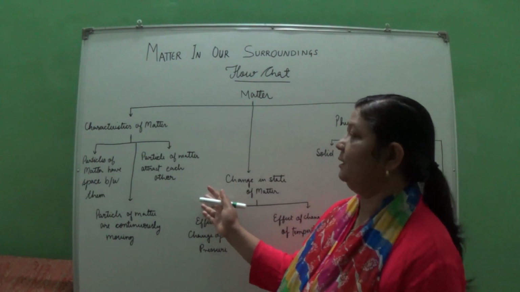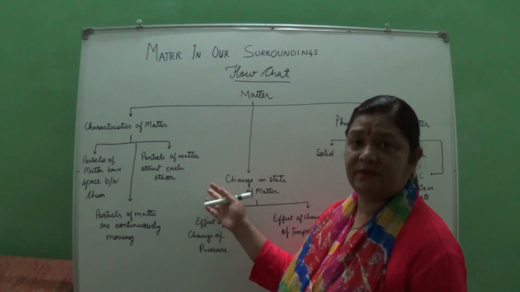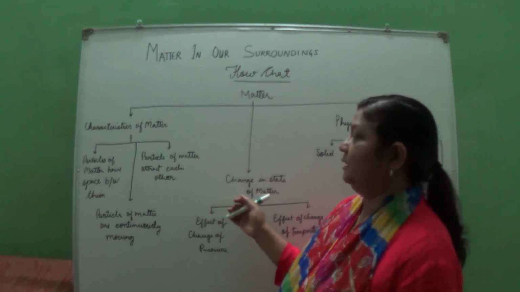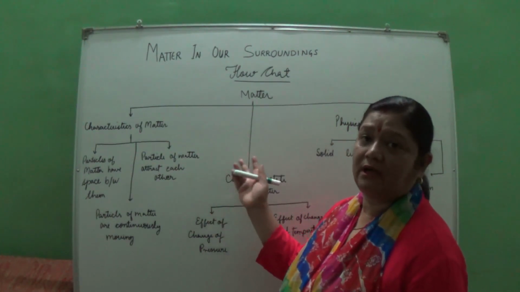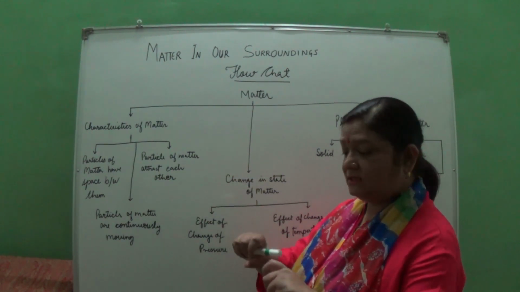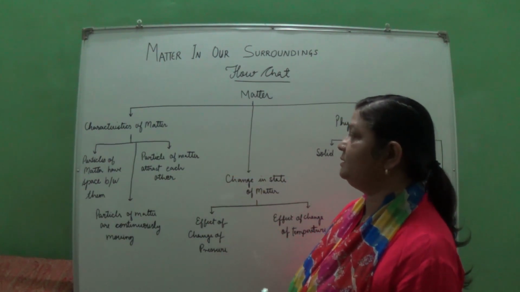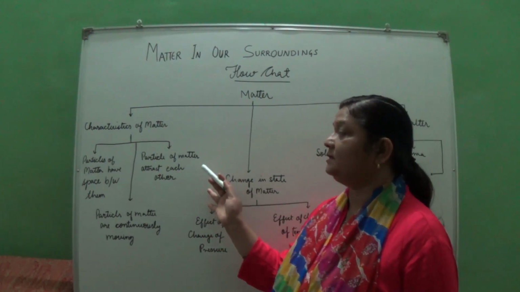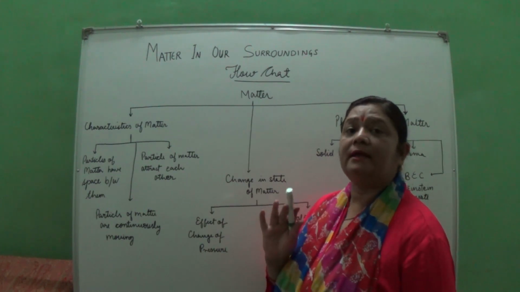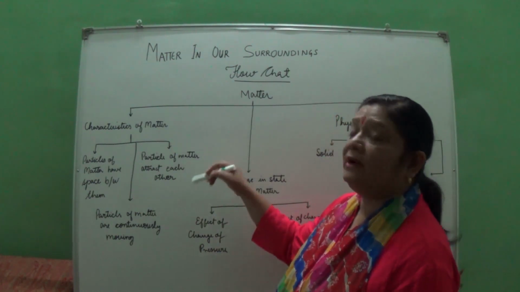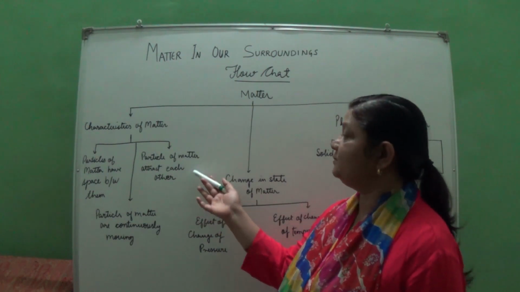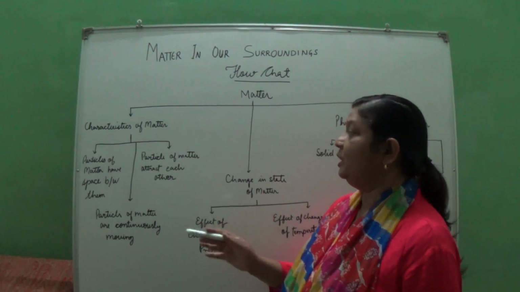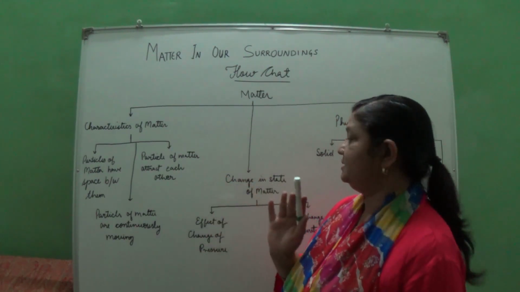If you are given an iron rod, as in the experiment I explained earlier, or a chalk, it is difficult to break, isn't it? Because here the particles of matter attract each other. But in different states of matter, this attraction is at different levels. It is strongest in the solid state.